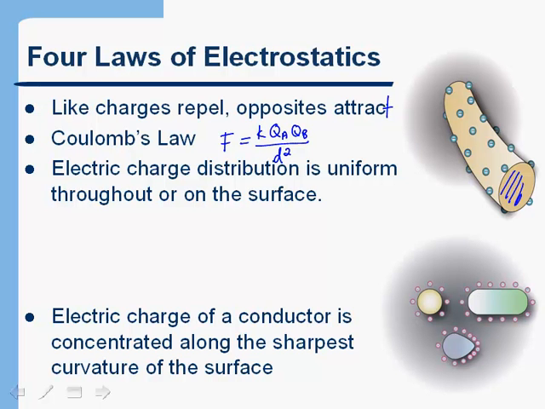And so what that means is that those charges are going to end up on the surface of the object. Also, if charge is distributed on an object and the object has a sharp point, there will be more charge located at that sharp point. So electric charge in a conductor concentrates along the sharpest point of curvature of the surface.